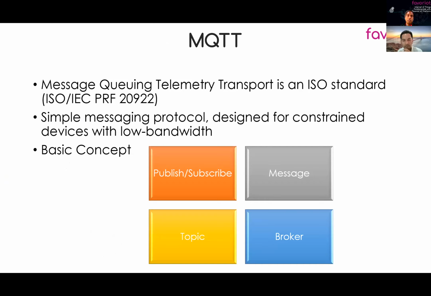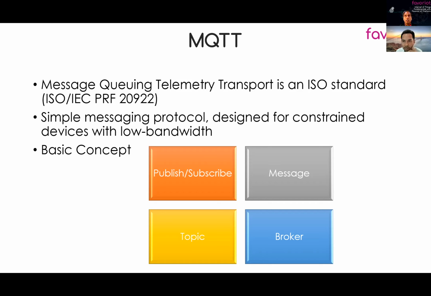CoAP and MQTT were meant for constrained devices. So what do you mean by constrained devices? Devices that have very little memory, less processing power, and so on. So it is meant for those types of devices.